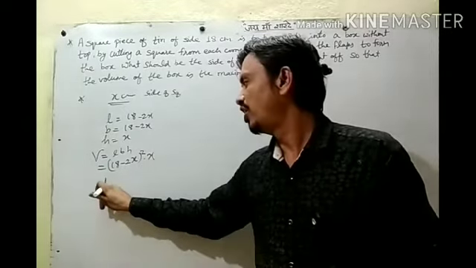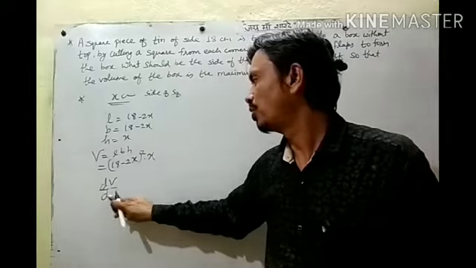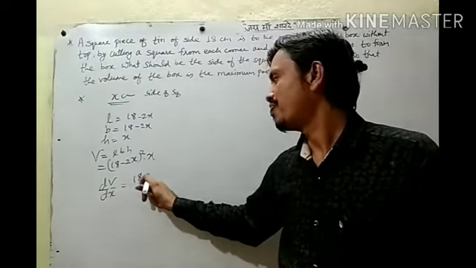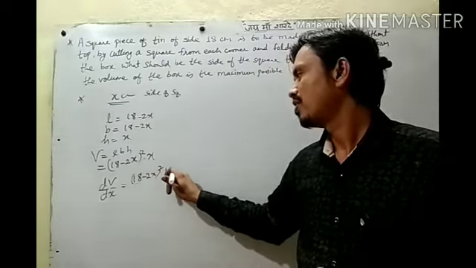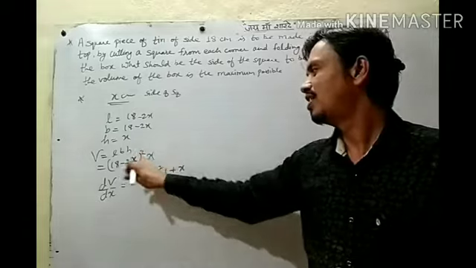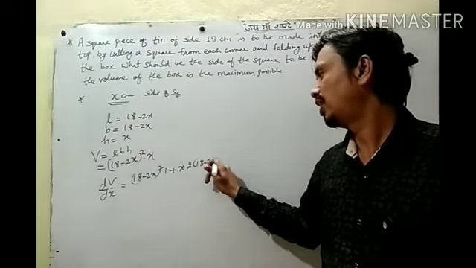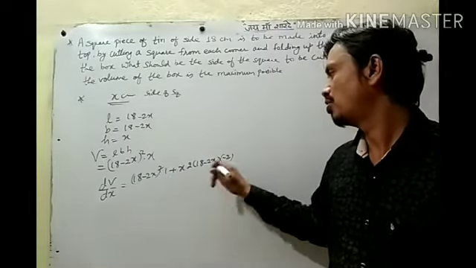So differentiating, dV by dx, V is equal to (18 minus 2x) square into x. Now applying the product rule: (18 minus 2x) square as it is, its derivative 1, plus x as it is, its derivative will be 2 times (18 minus 2x), and again differentiating minus 2x, we get minus 2.